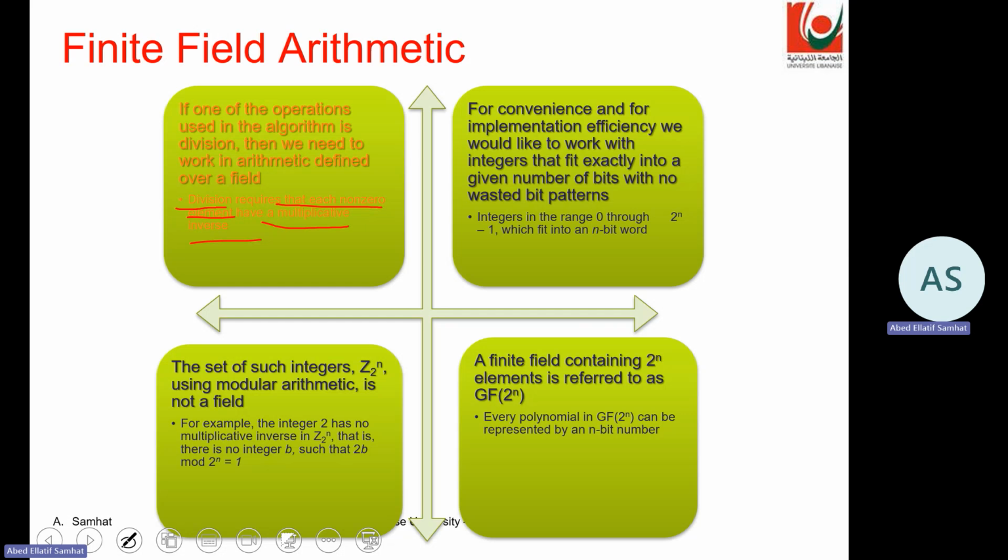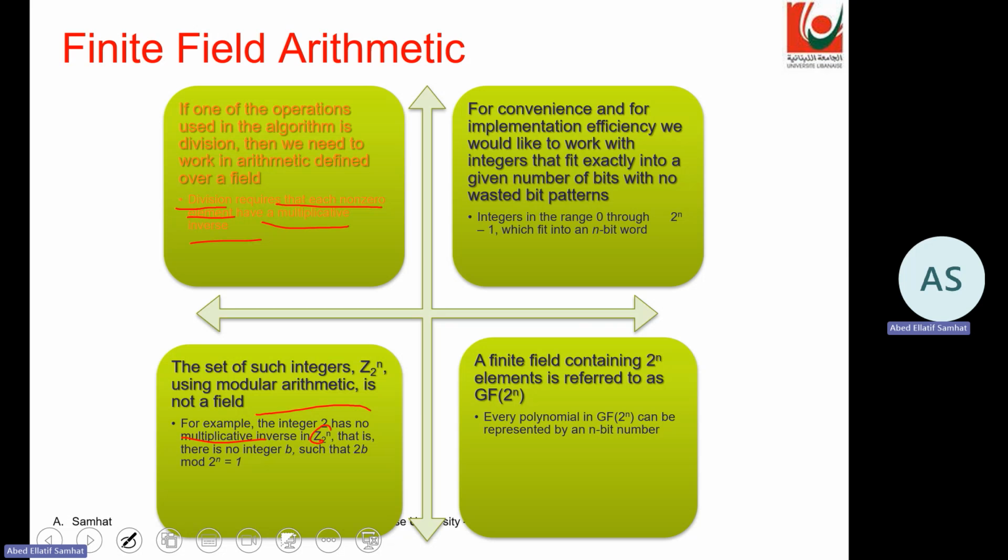For example, the integer 2 has no multiplicative inverse, so in this case, Z_n, we cannot work with this. That's why there are some requirements in order to use this finite field for encryption.